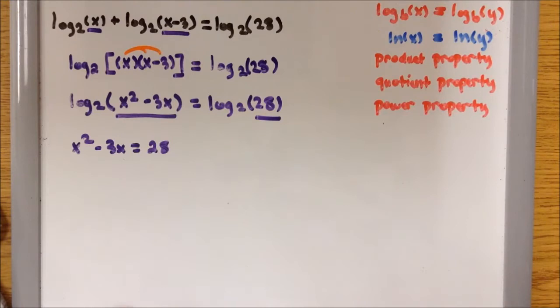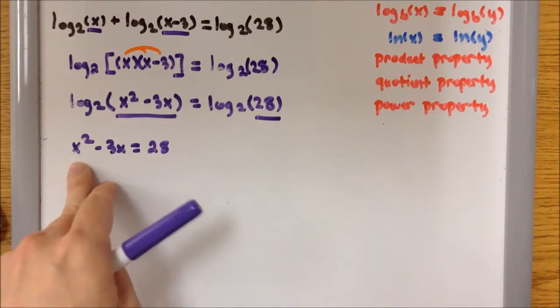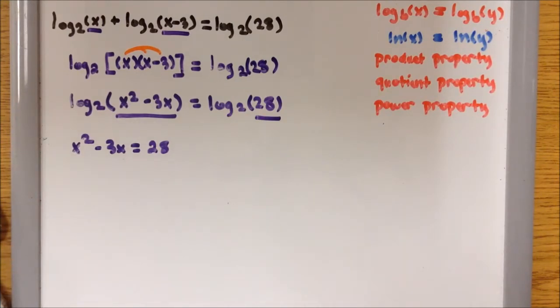So now we have two x's in this equation, but they're different. This is x squared and that's just x. So this is going to be a quadratic equation. So that means you're going to have to factor this. So in order to factor any equation, you got to make sure that everything is on one side.